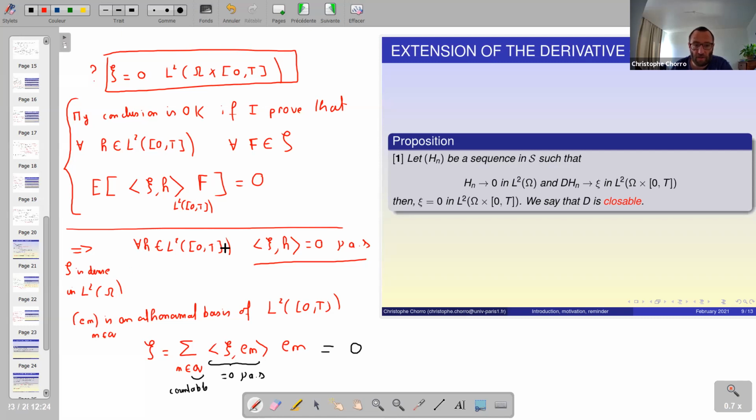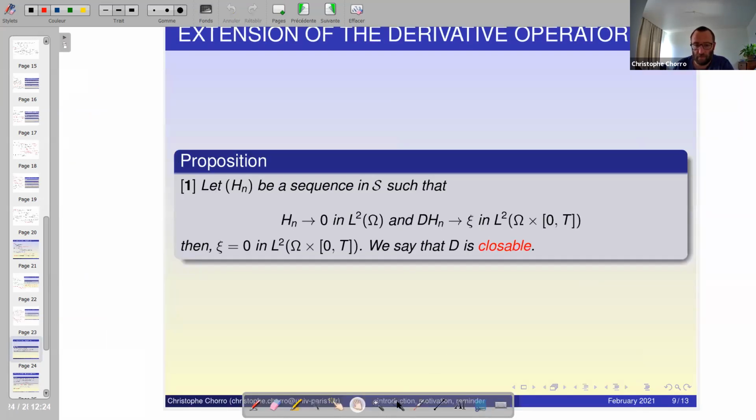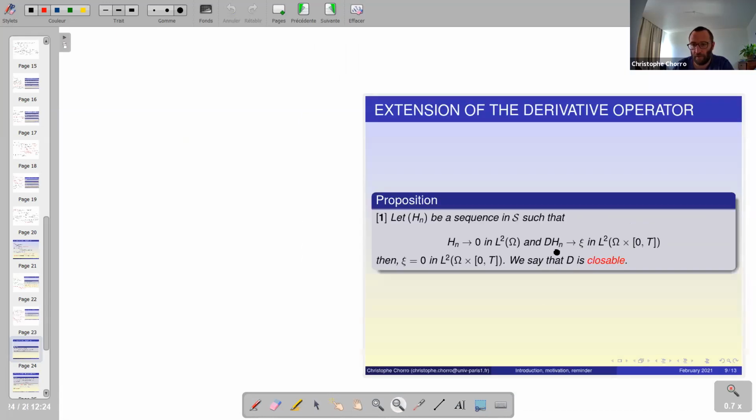Because by the density argument, it means that all these scalar products are zero mu almost surely, and since I can consider a countable basis for L2 of 0 capital T, I can decompose my stochastic process this way, with all these terms being zero because of my previous density argument. So to do the proof of this proposition, I have simply to prove this. Let's do the job.